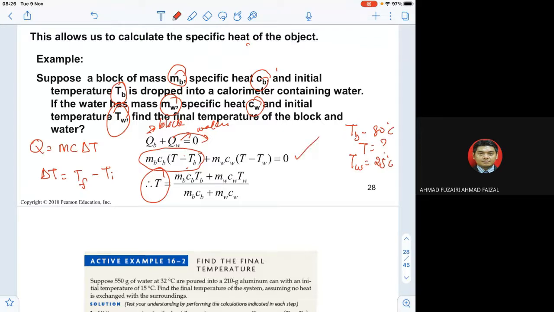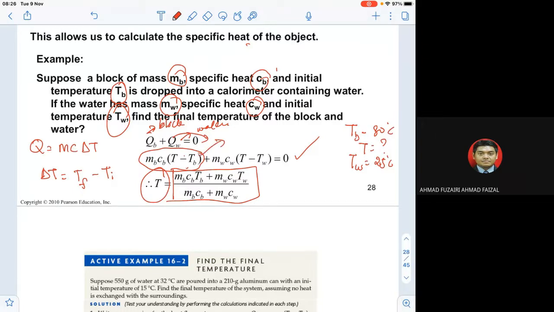I would like to remind you, don't memorize these things. A lot of questions can be asked using the calorimeter in this kind of situation, with many calculations.